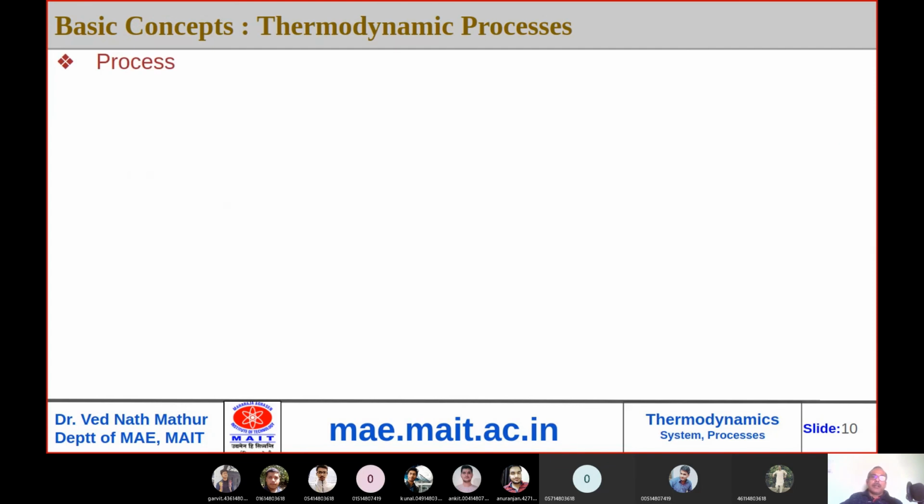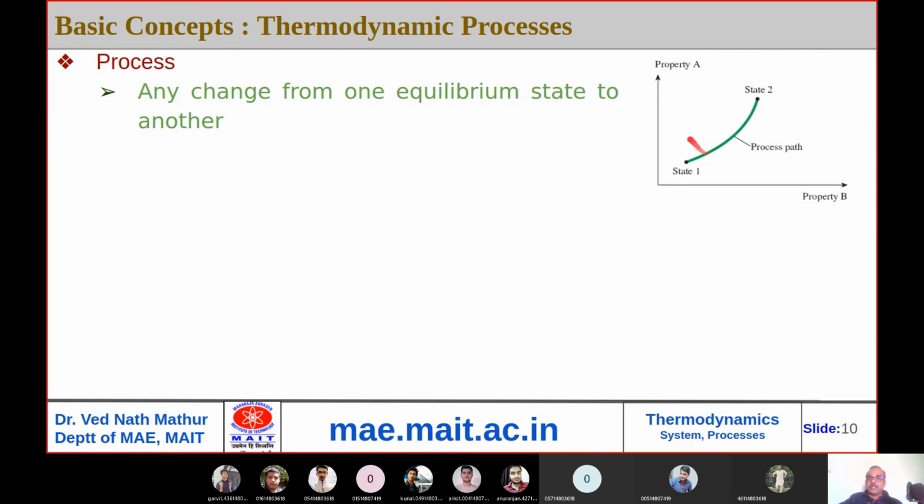Okay, that was about state of the system and relationship between different properties of the system. Now, when the system changes its state, we call it a process. So any change from one equilibrium state to another is termed as process. You can define the state of the system on a property diagram.